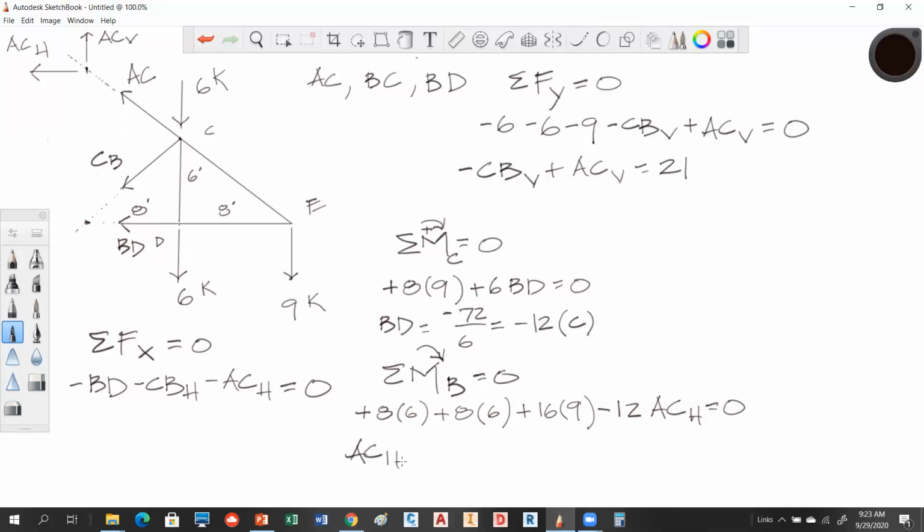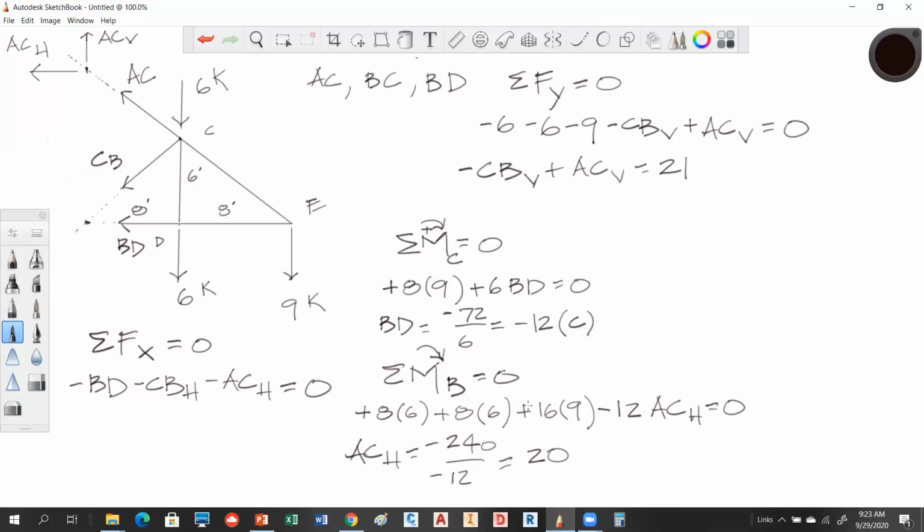So ACH is negative 240 divided by a negative 12. I get 20. You guys agree with that? Positive 20. Yeah, that's what I got.